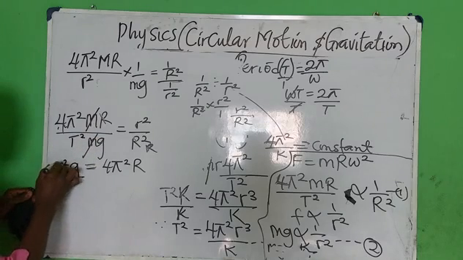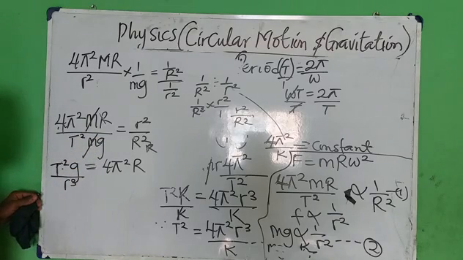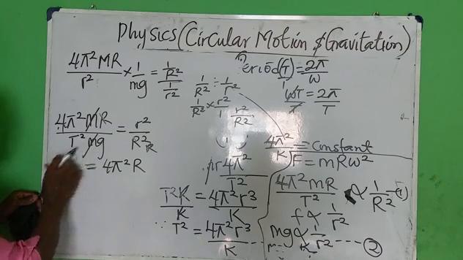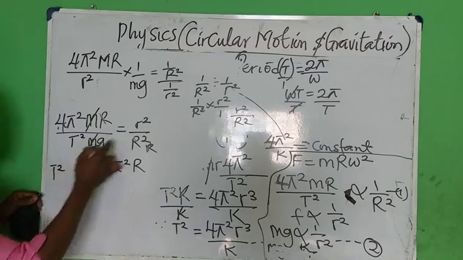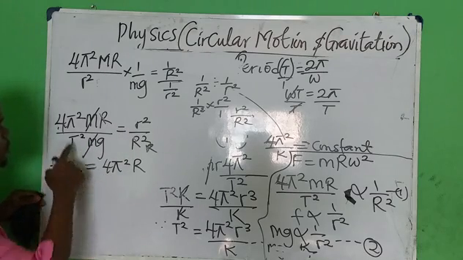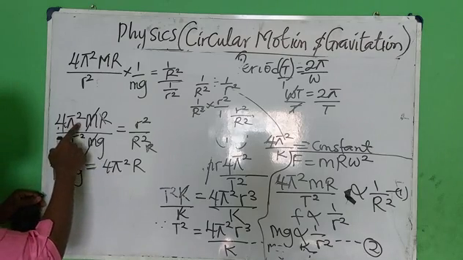So what do we have next? This times this is t squared r squared g. All these squares are confusing somebody. So this is 4 pi squared times r.